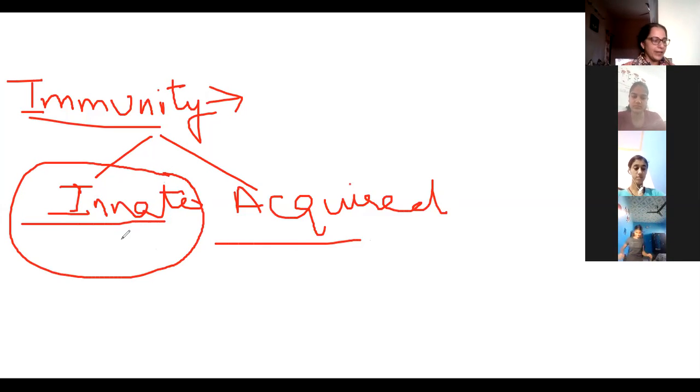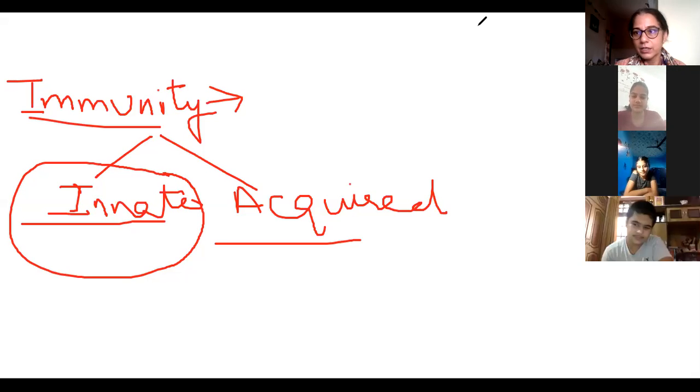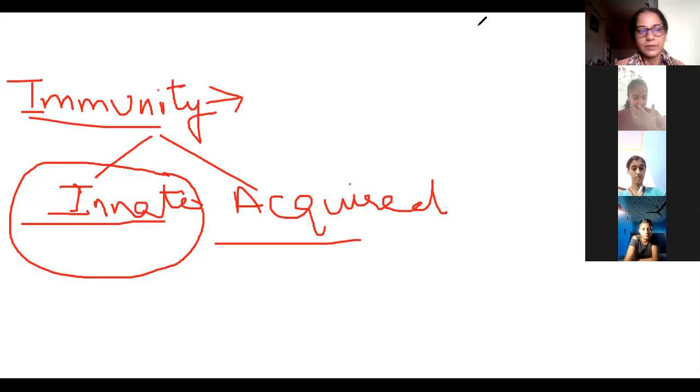So what are the various barriers which innate immunity consists of? Physical, cellular, and cytokine. Okay, what are the various barriers? The first one.